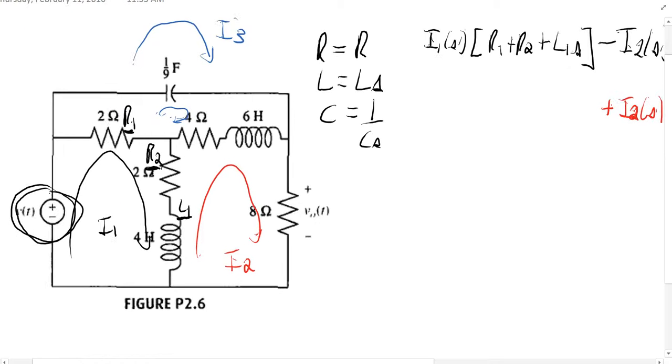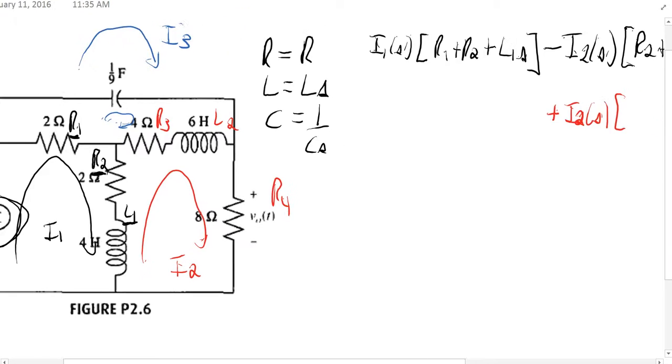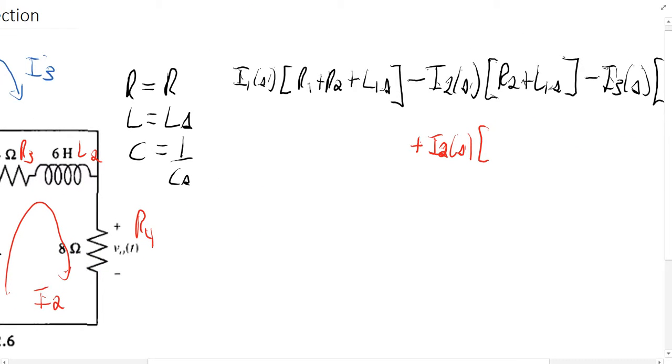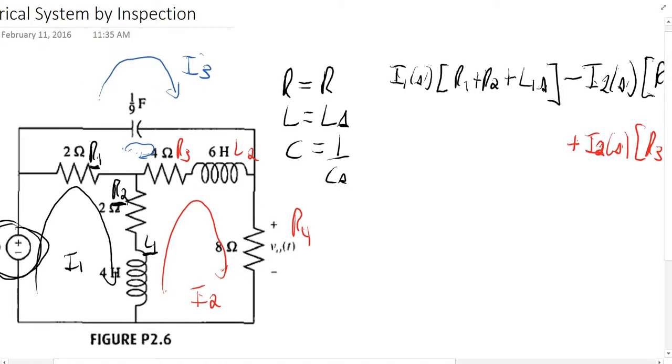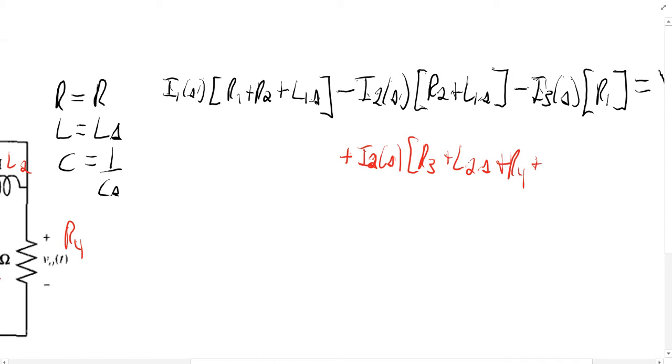So it's gonna be this resistor, which we're gonna call R3, this inductor L2, this other resistor R4, and once again L1 and R2. So it's gonna be R3 plus L2S plus R4 plus L1S, and finally plus R2, and we close our parentheses.